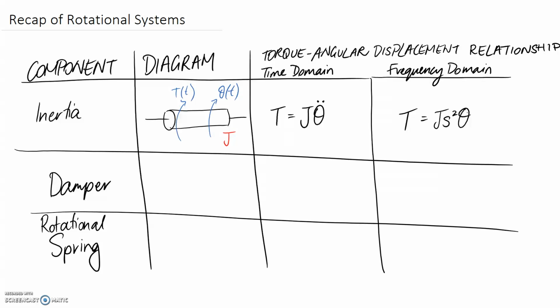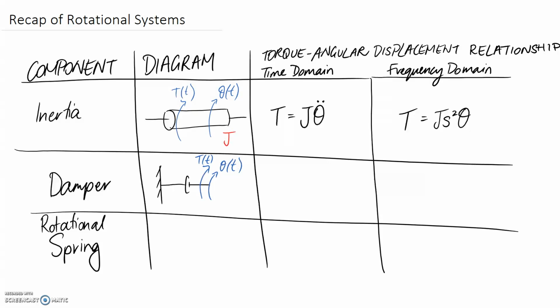The next one that we're going to look at is the damper. Again, let's start off by drawing ourselves a little diagram. Let's pretend that the damper is up against a wall, and this is what they're drawn like. Again, what we're interested in is the torque and the angle of the shaft.